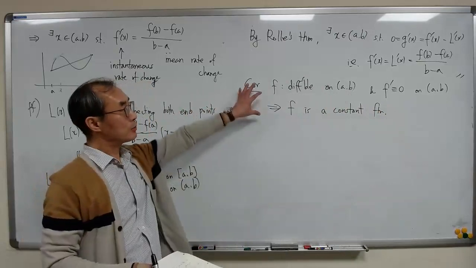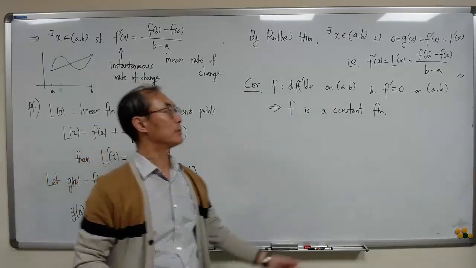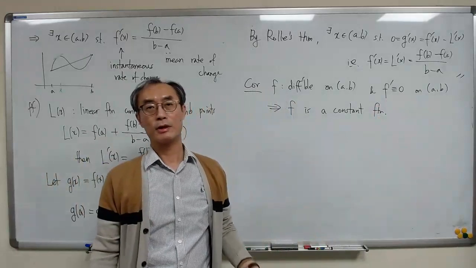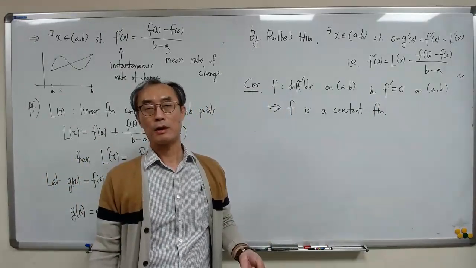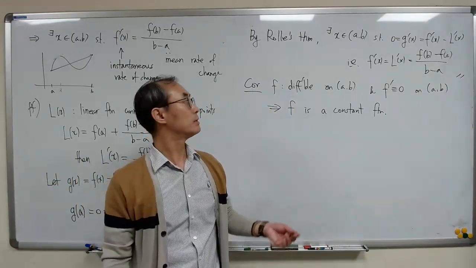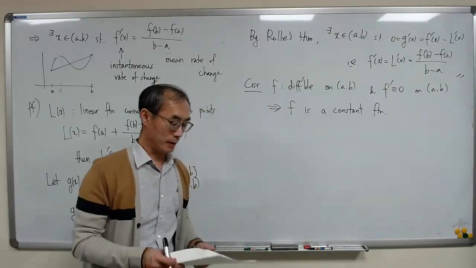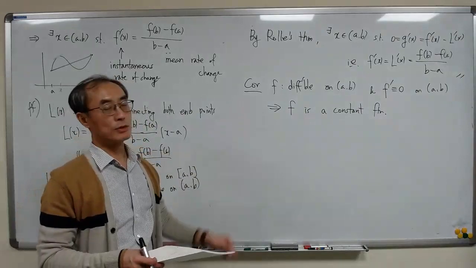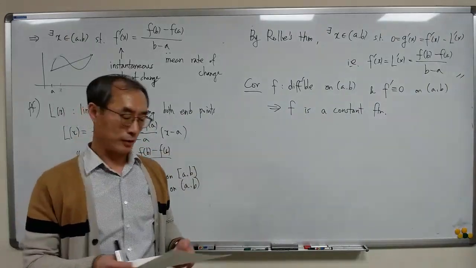Actually, we already know this property. If the derivative is identically 0, the function itself is a constant. But how do you prove this simple property? Yes, the proof relies on the mean value theorem.